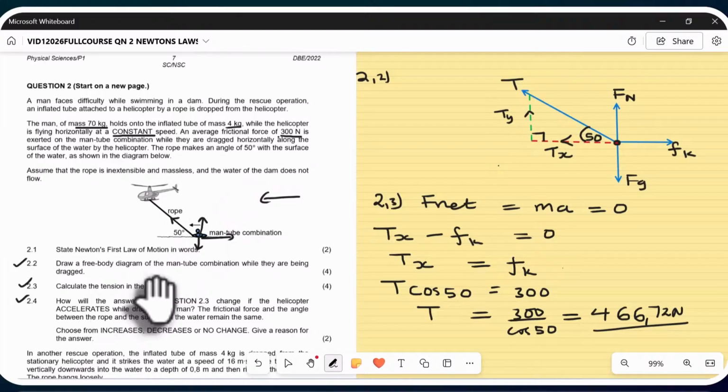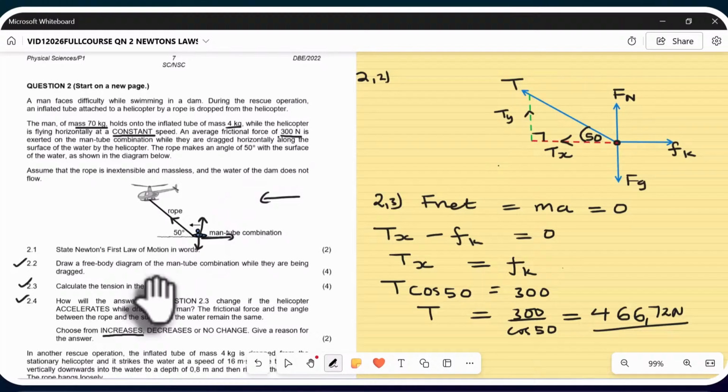So because of that, we're going to say it increases. Why? Because F net is not equal to 0. Our net force is now bigger than 0, no longer equal to 0 like you see in the other case here.